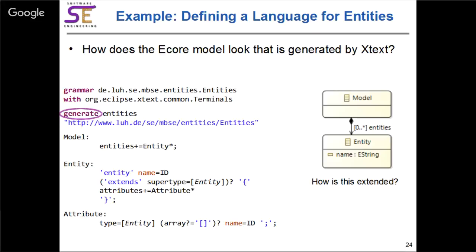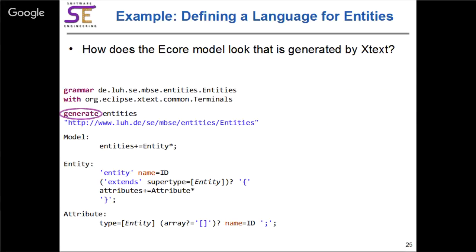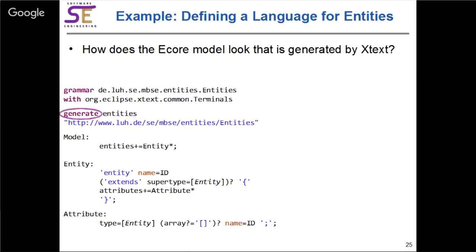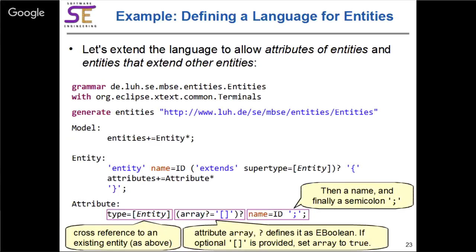Could you explain what array means in attribute? Yes, sorry. Oops, that's the solution. Array is just again a name of an attribute. So now it gets confusing.